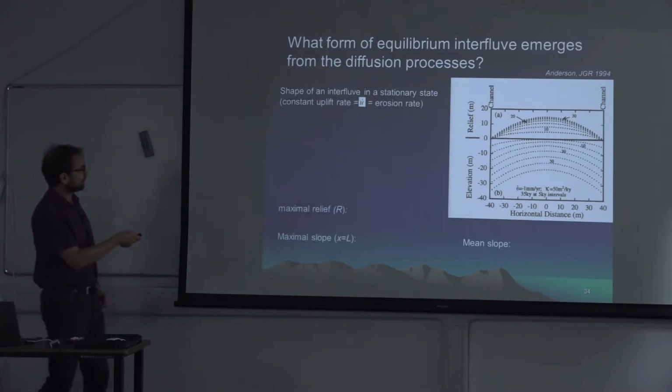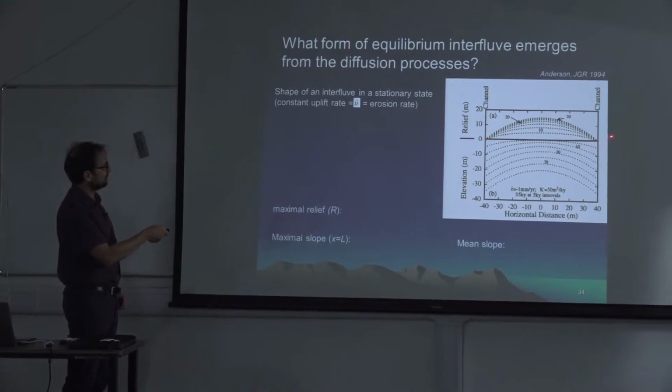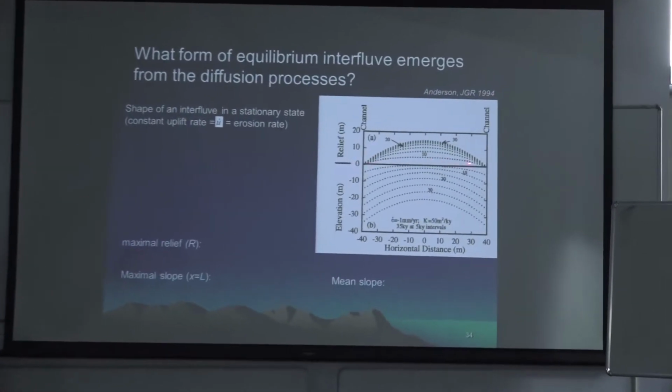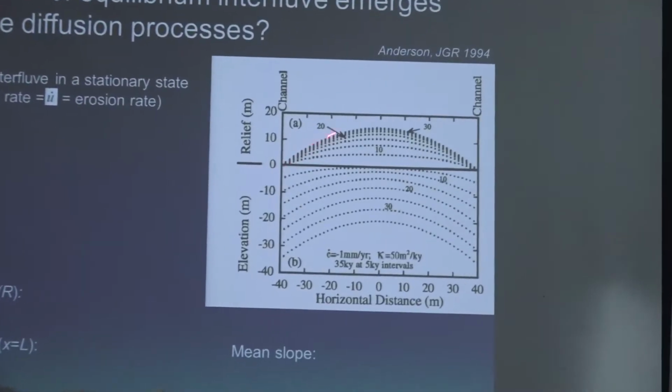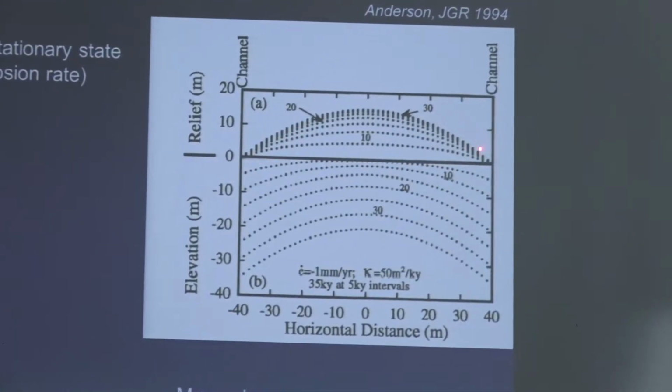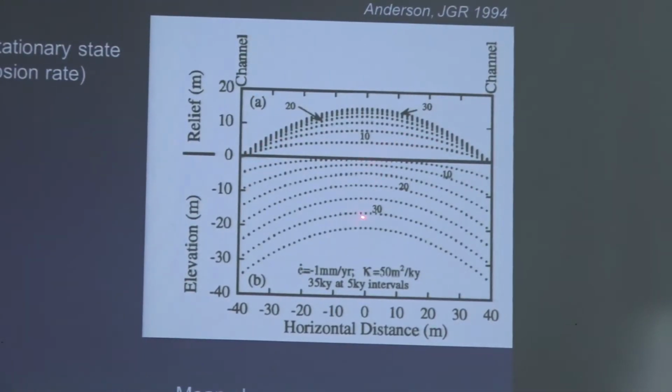So let's consider stable interfluves, or a stable small river, and in between an interfluve, so some hill slope, rising over some continuous uplift from below, and we try to understand the steady state shape at the end.